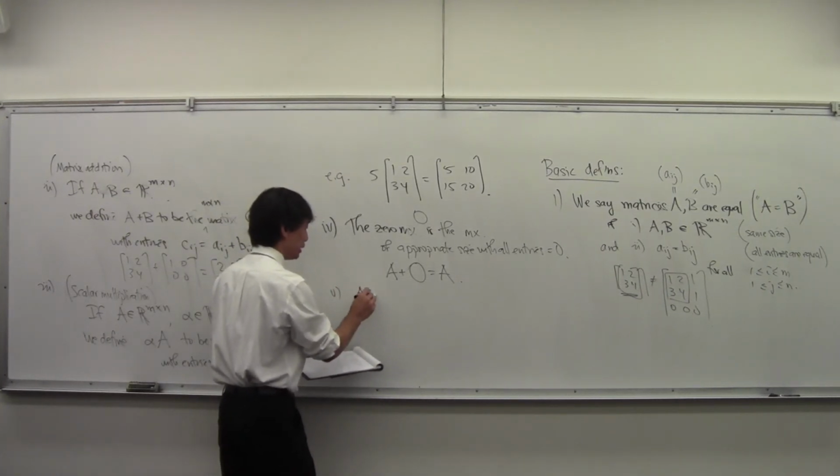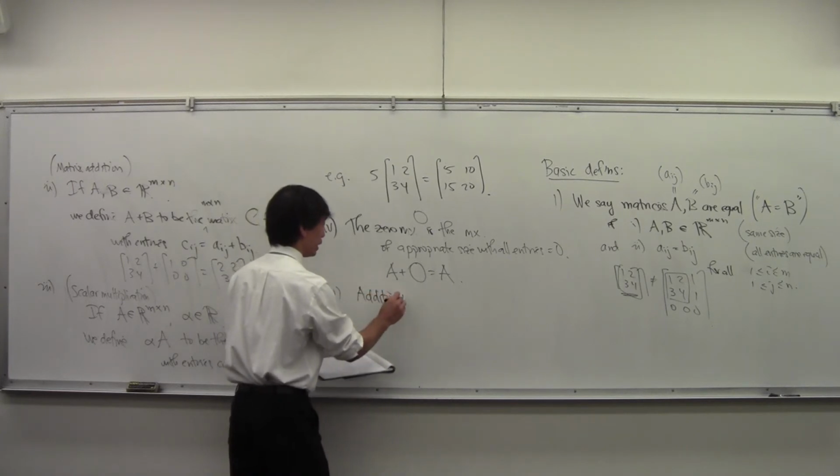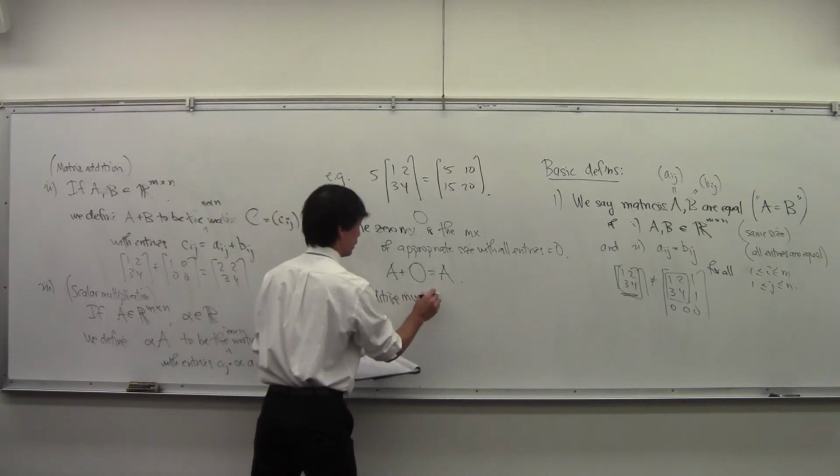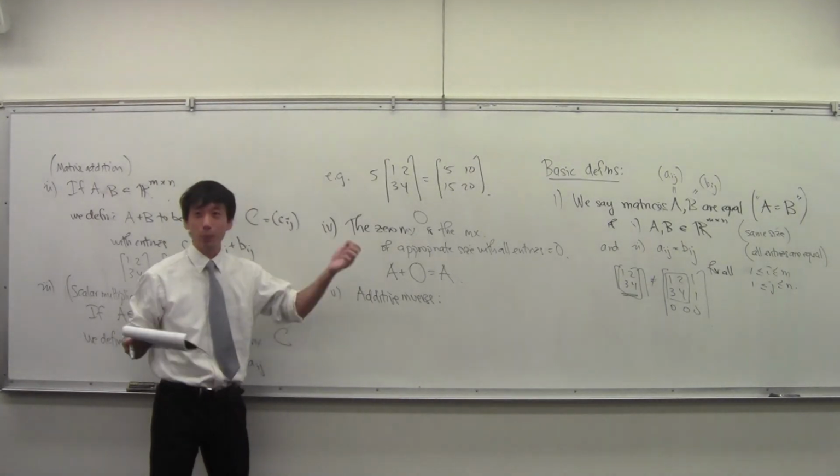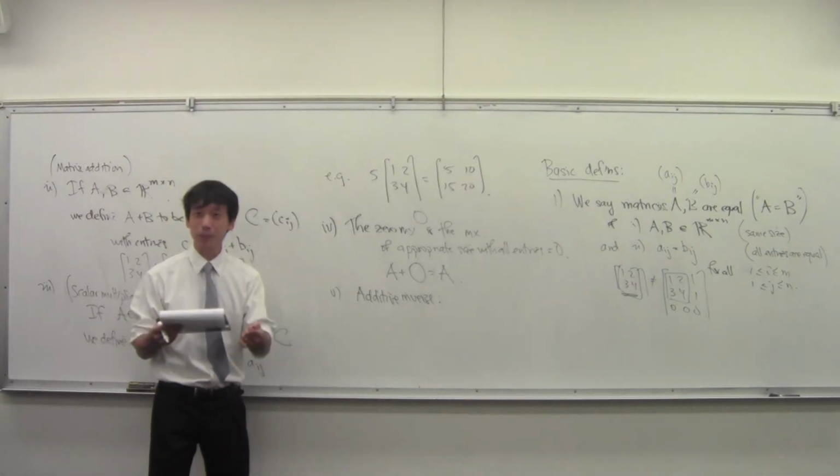We have additive inverse matrices, right? Just like you have numbers and negative numbers, you have a number and a negative number, and they add up to 0.